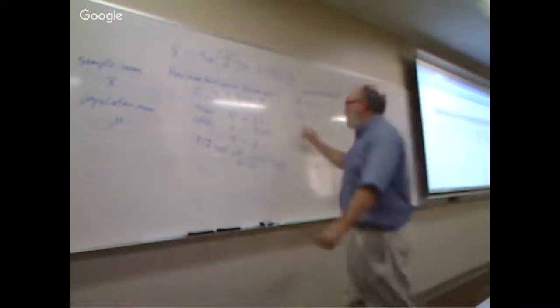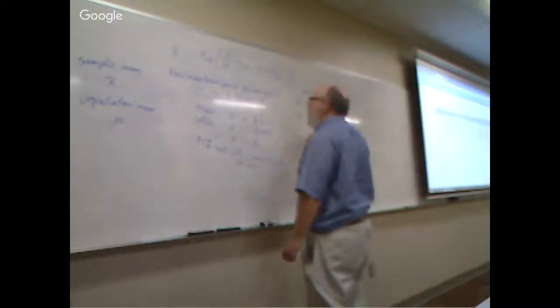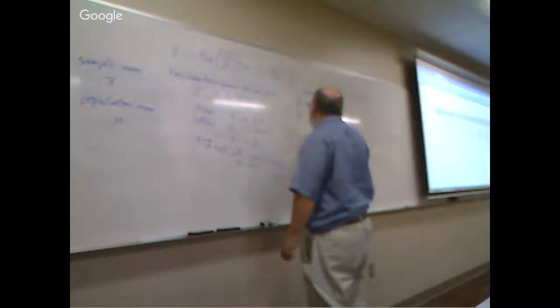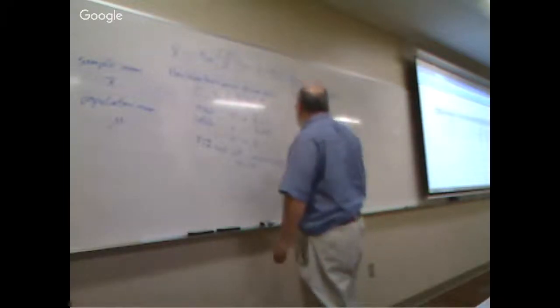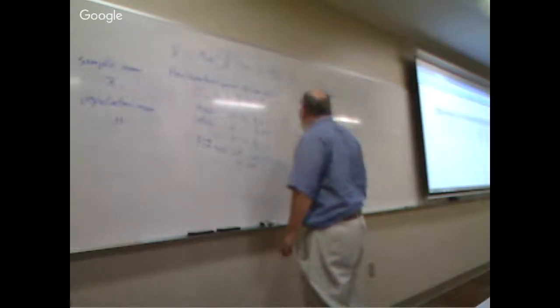I find 95%, which would have 0.025 in one tail. And I go down to the correct degrees of freedom, 2.571. So this is what I need to do.